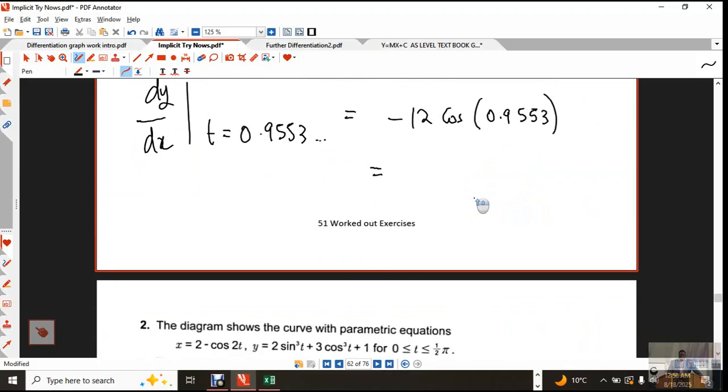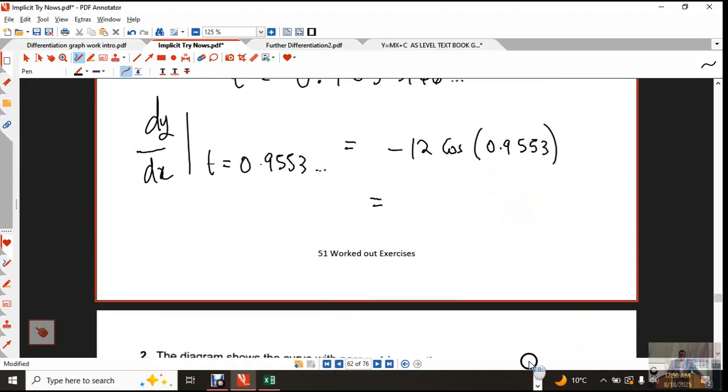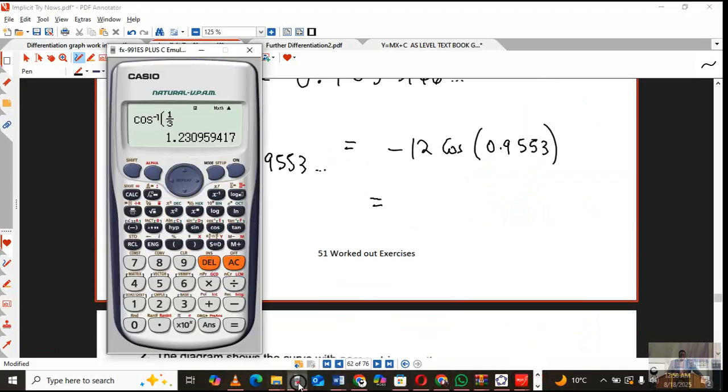Okay, so let's grab the calculator to see what that value would be. We had pi minus our answer, and then we divided that by 2.